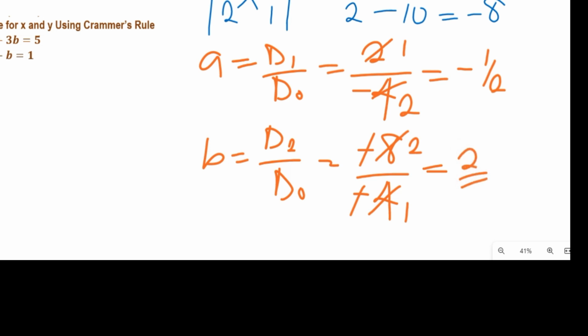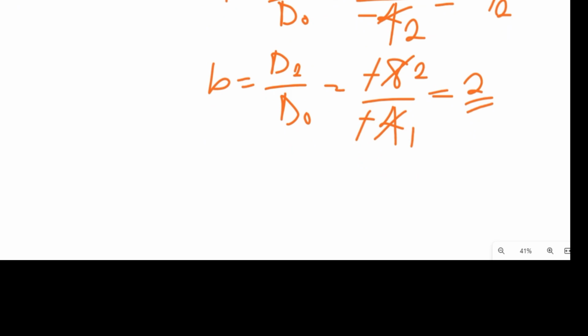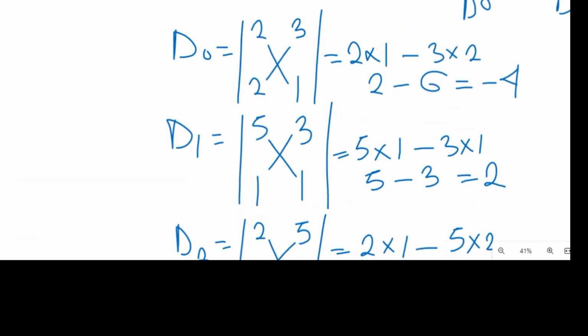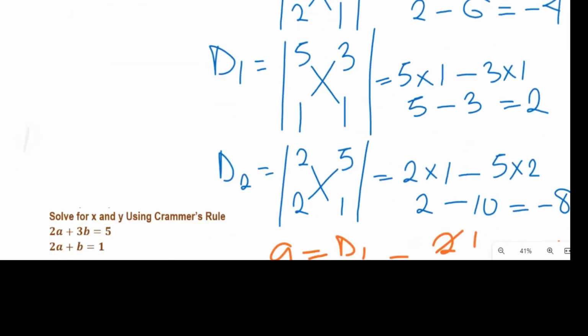So the solution to that simultaneous equation is a equal to minus 1 over 2, and b equal to 2. These are the solutions to the simultaneous equation that was given to us above.